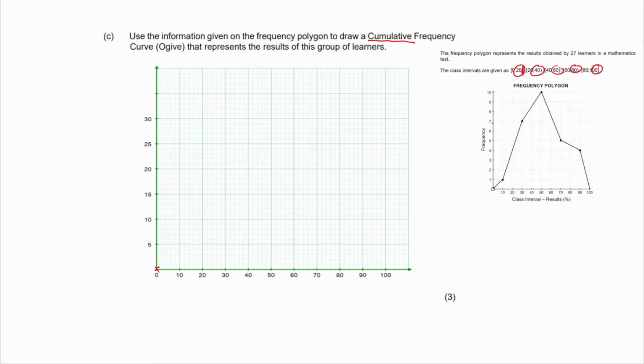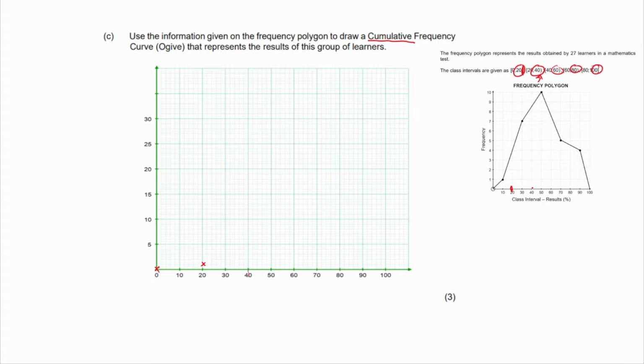So at 20, we're plotting at 20. We know between 0 and 20 there was 1 student, so we're plotting 1 at 20. Each block here represents 1, so 1, 2, 3, 4, 5. Now we're plotting at 40 because it's the endpoint of the next interval.